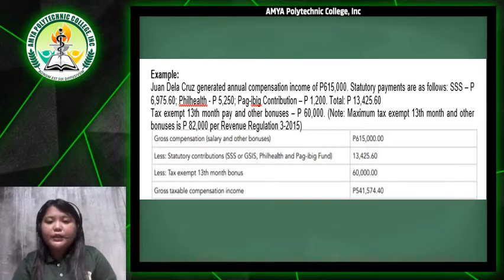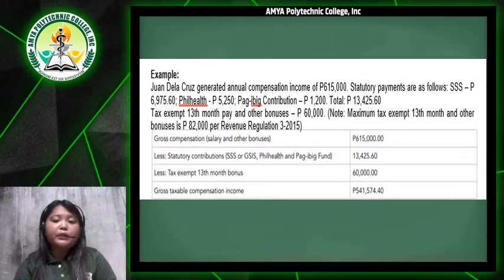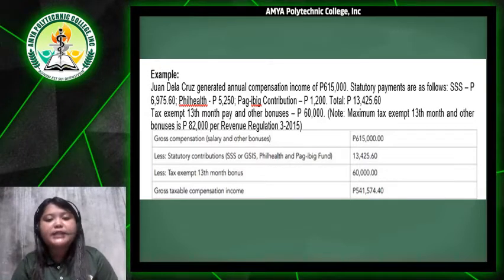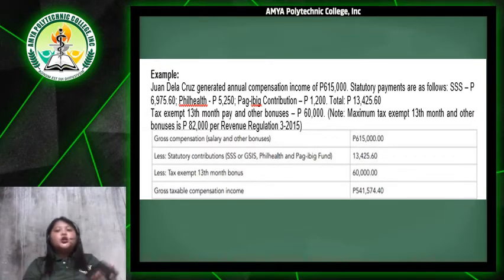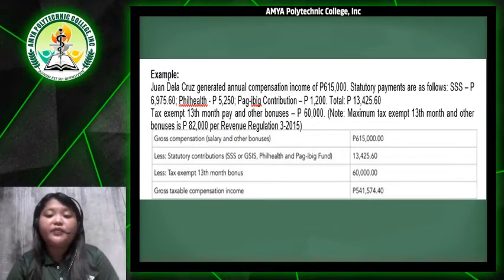For our statutory contributions for the SSS, GSIS, PhilHealth, Pag-ibig, we have 13,425 pesos and 60 centavos. And for the tax exemption for the 13th month bonus, 60,000 pesos. So our gross taxable compensation income is equal to 541,574 pesos and 40 centavos.